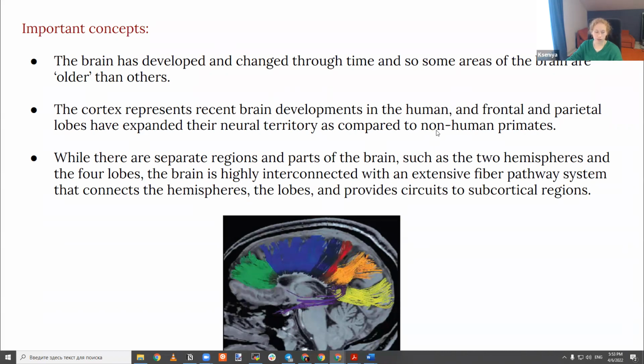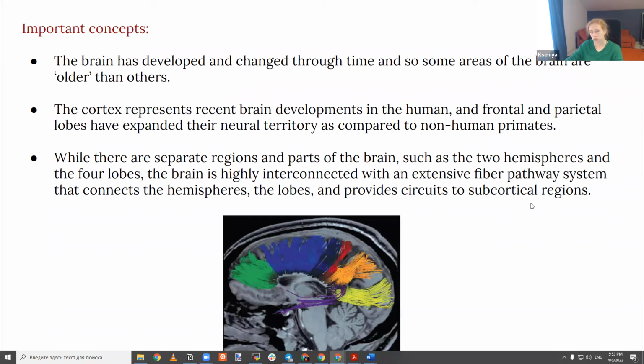And of course, we can separate some regions of the brain and some parts of the neocortex, but in fact they are connected with each other, and they can't do their functions without each other.